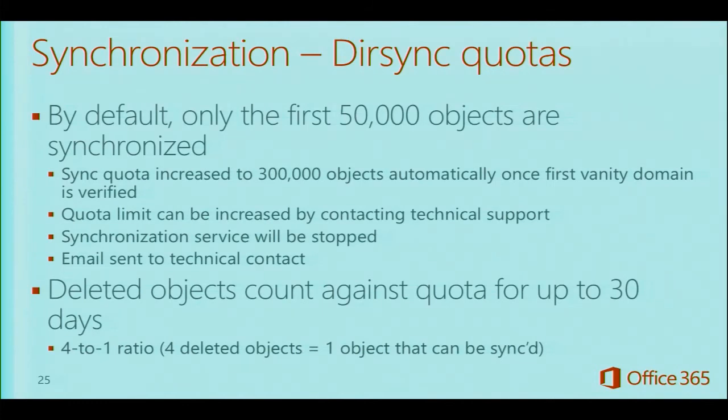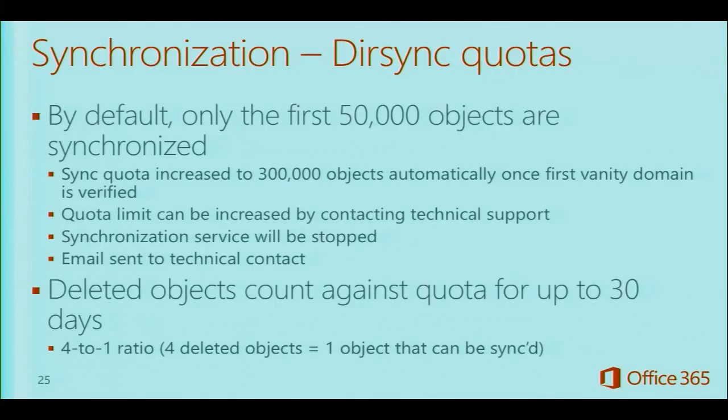We will automatically increase the sync limit from that 50,000 limit to the 300,000 limit once you have put in and validated any SMTP vanity domains that you might be using for your service. Once that domain has been verified, that automatically happens in the background, and there's nothing that you need to do to take care of that.